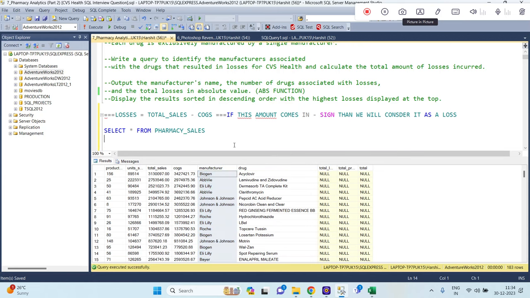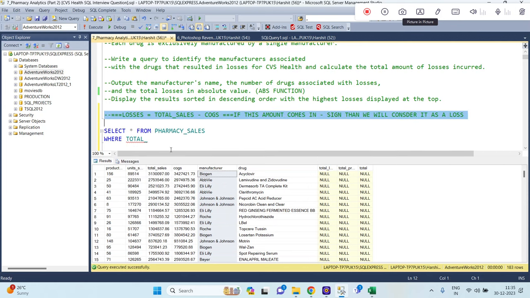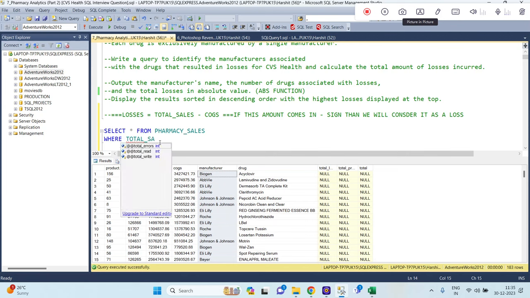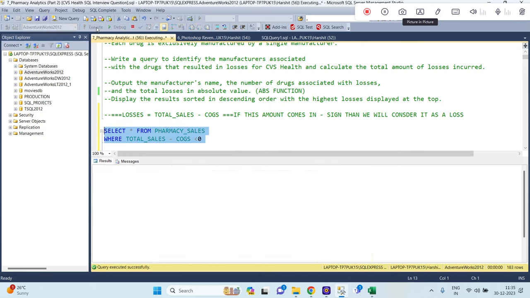So now let me do where total_sales minus COGS less than 0. So let me execute this one.